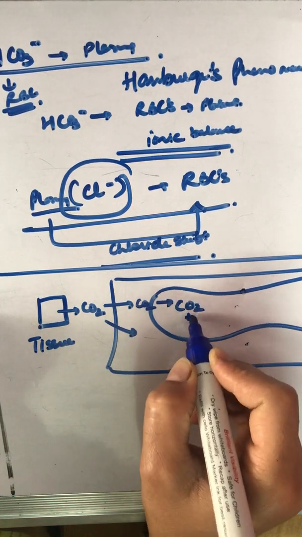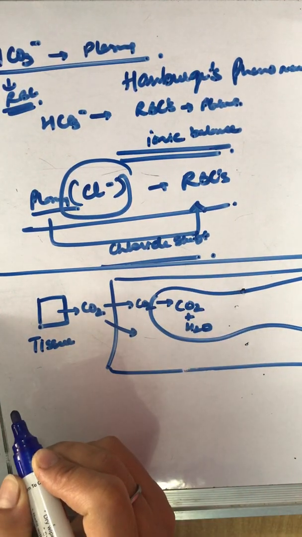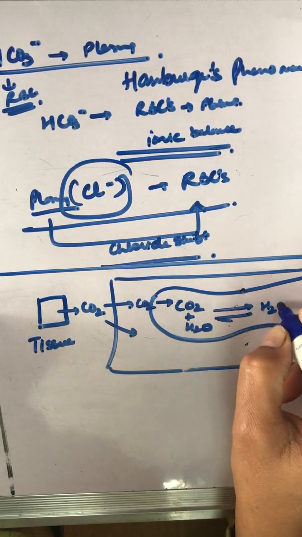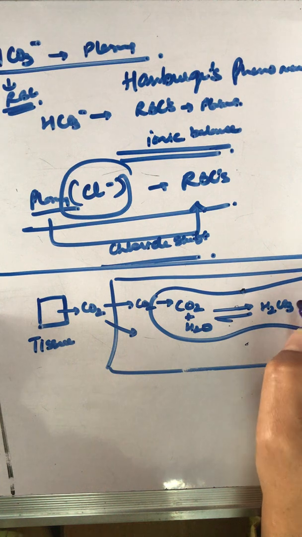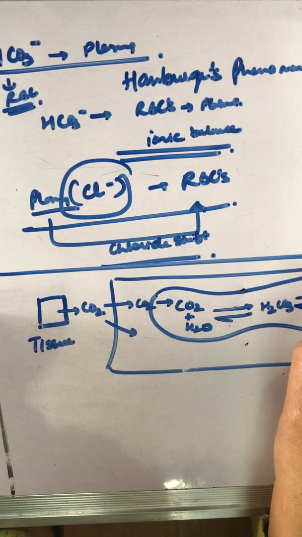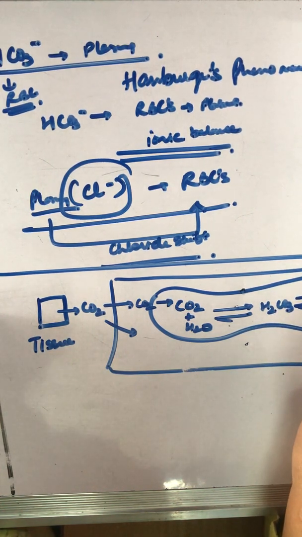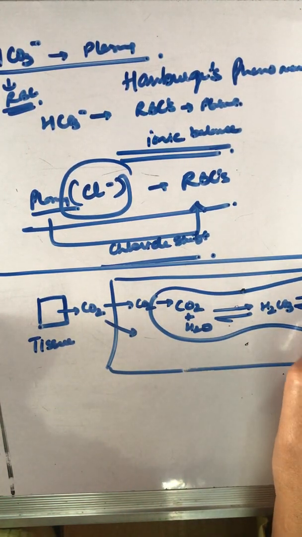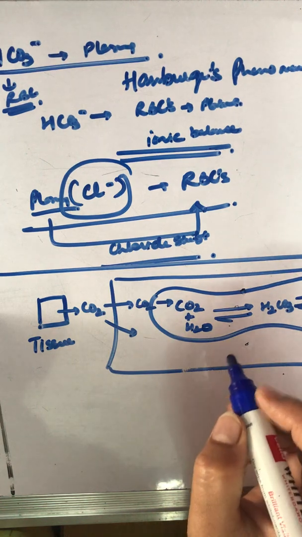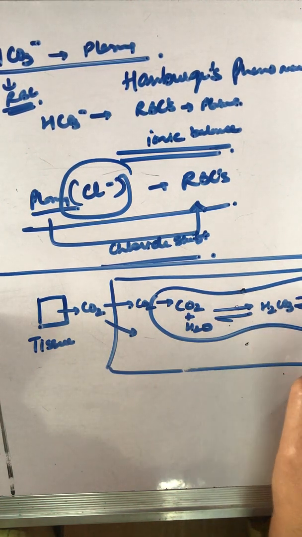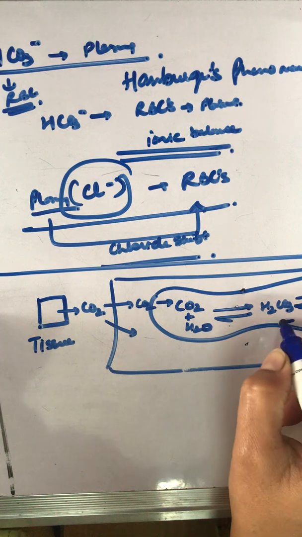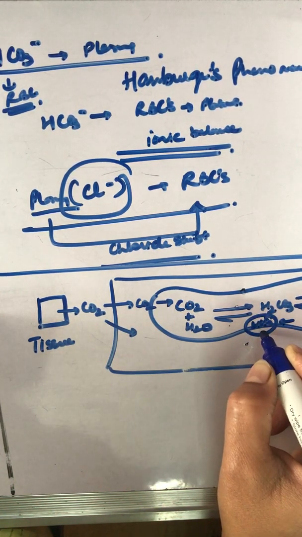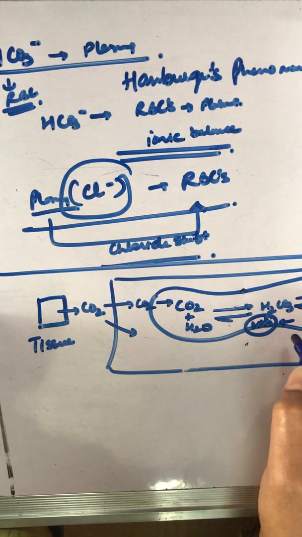Here CO2 combines with water, forming H2CO3, first carbonic acid, which is easily converted into bicarbonate ion. This bicarbonate ion releases hydrogen. Clear? This hydrogen combines with the hemoglobin pigment and activates the Bohr's effect in the RBCs.